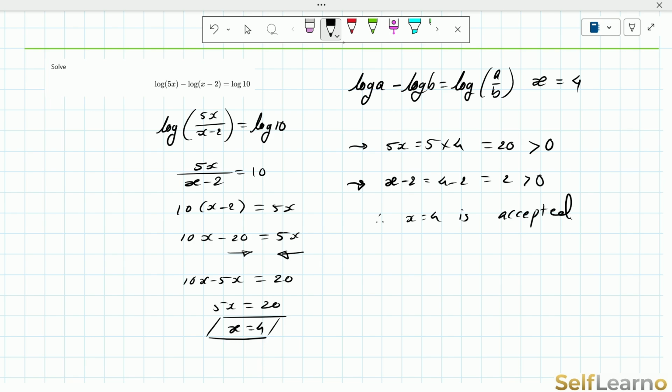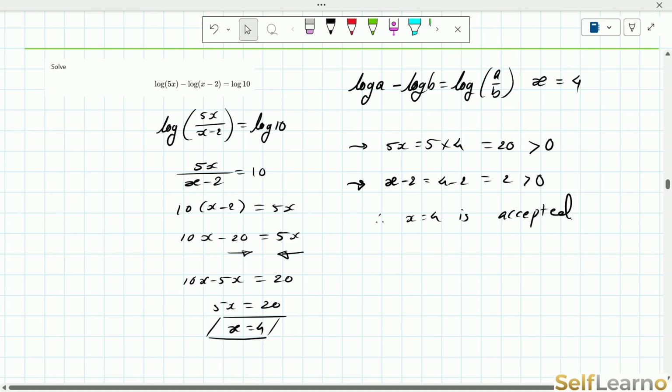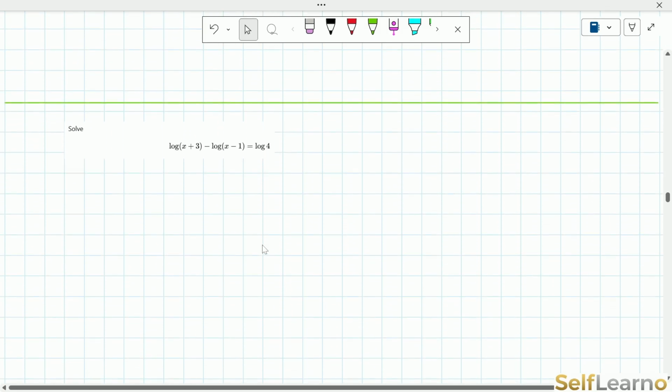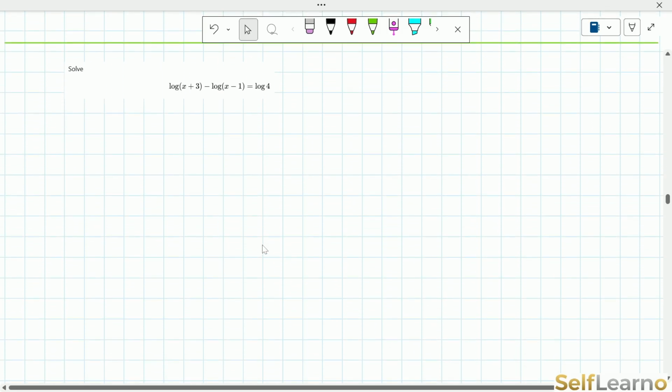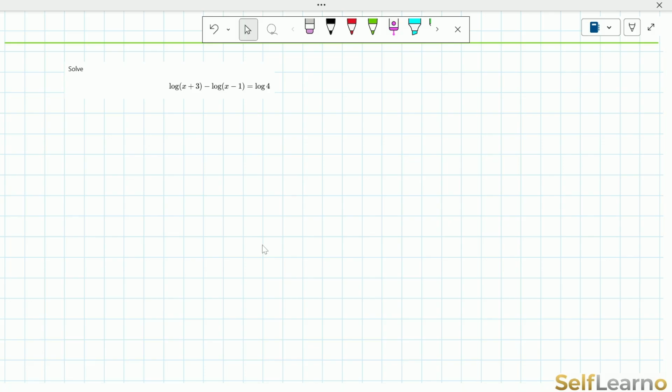Great. Not difficult at all. Please try this question. Again, there is a sign of minus between these two terms of logarithm.